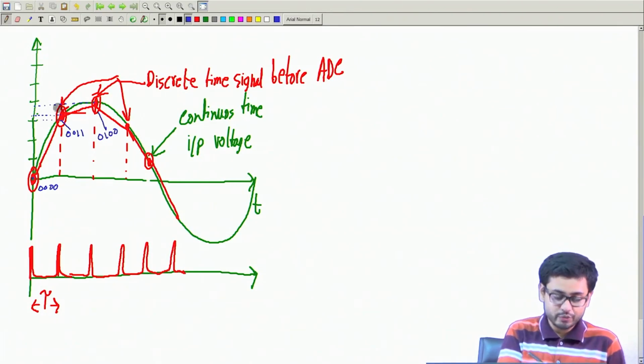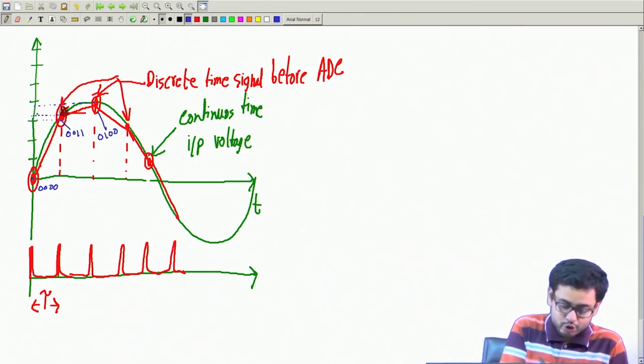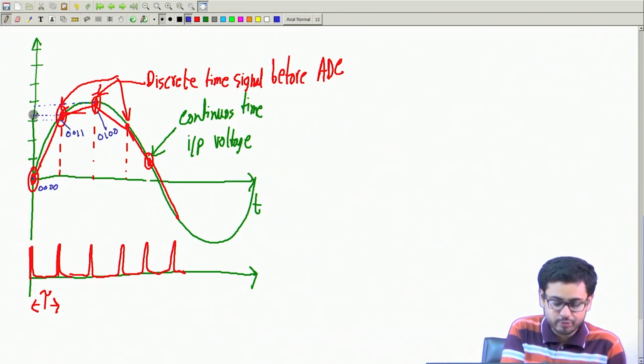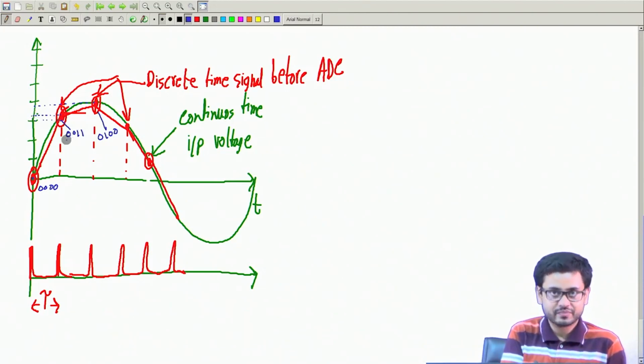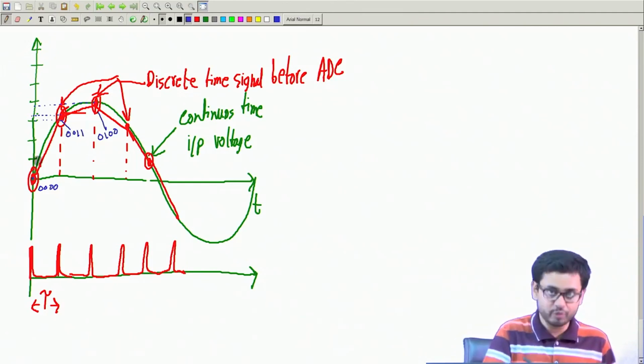So you see, we have more error or more approximations introduced. The true value of the voltage at this moment was possibly 3.2, but the ADC will tell me this is only 3. Here I am assuming a 4-bit ADC.